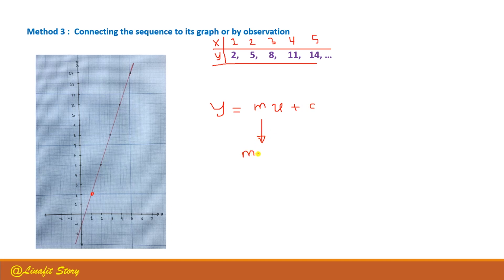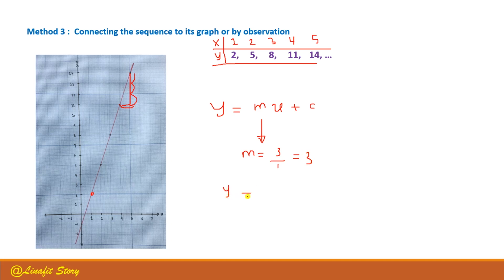The gradient is how far up out of how far along. We will choose these points. How far up is 1, 2, 3. How far along is 1. The line slopes upward, so the gradient is positive. 3 divided by 1 is equal to 3.